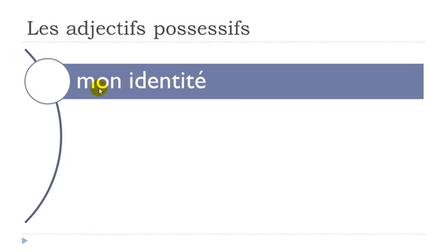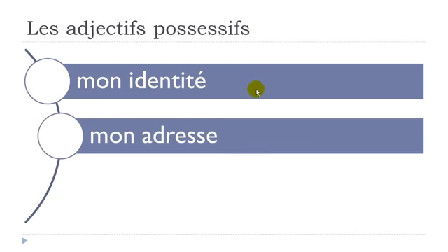So it goes like mon identité, so my identity, mon identité. Another example, adresse, same thing here, adresse is a feminine word, but it starts with a, so same thing, you will have to use adjectif possessif masculin. Mon adresse, my address, mon adresse.